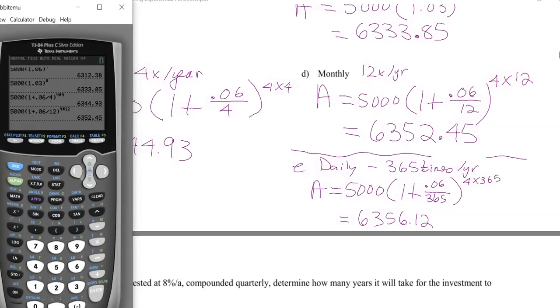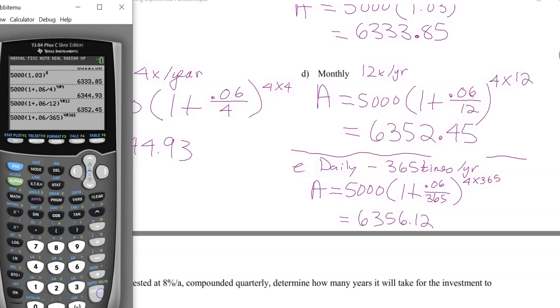So we're dividing the interest rate. So let's try that, 5,000, bracket 1 plus. This is one you really don't want to work out, right? Because it would be a lot of decimals and you'd have to copy them all in. So just let your calculator do it here. 365 to the power of 4 times 365.